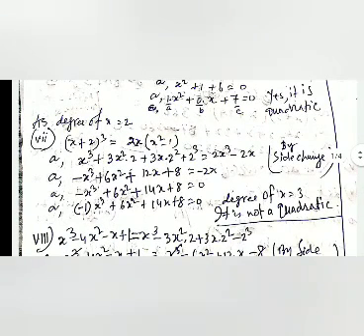After solving this, we are getting minus x cube plus 6x square plus 14x plus 8 equal to 0. We are making it in the form of ax square plus bx. So we are getting minus 1 into x cube plus 6x square plus 14x plus 8 equal to 0.